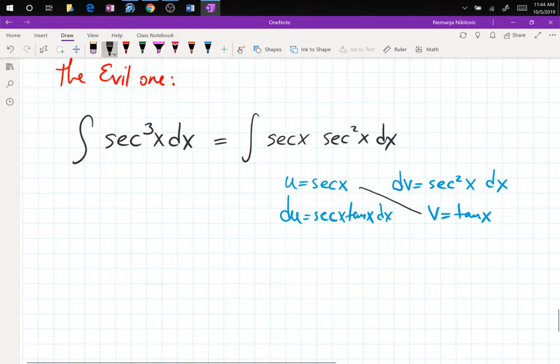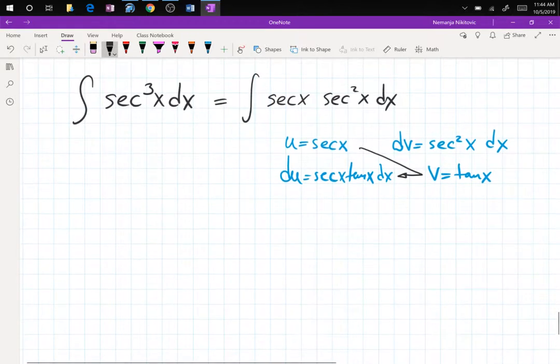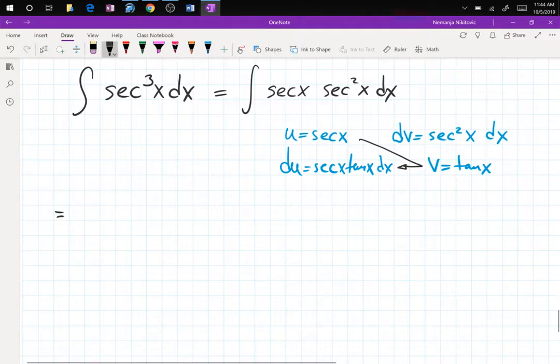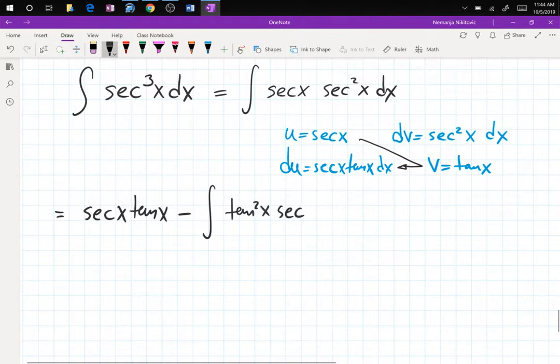We put our arrow, which we learned about last time, to help us with this calculation, and we write the integral of secant x tangent x, that's uv, minus the integral of tangent squared x secant x dx.